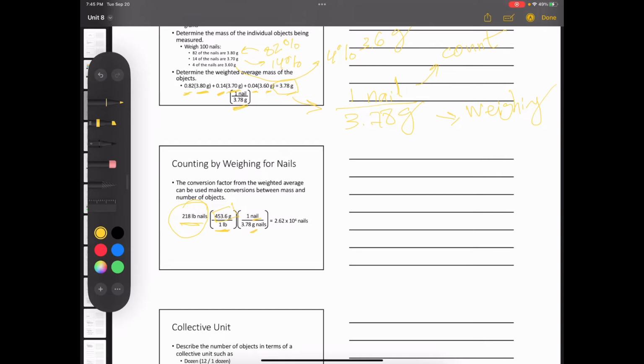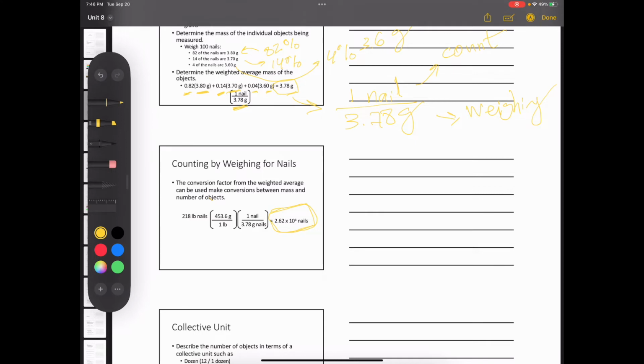So the pound will cancel out with the pound. Now I have grams. The grams are going to cancel out with the grams. So you multiply the 218 with the 453.6 and you divide that by the 3.78. You will find out that in 218 pounds of nails, you have 2.62 times 10 to the power 4 nails.